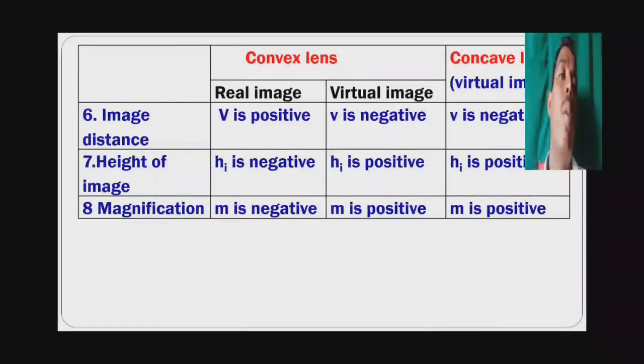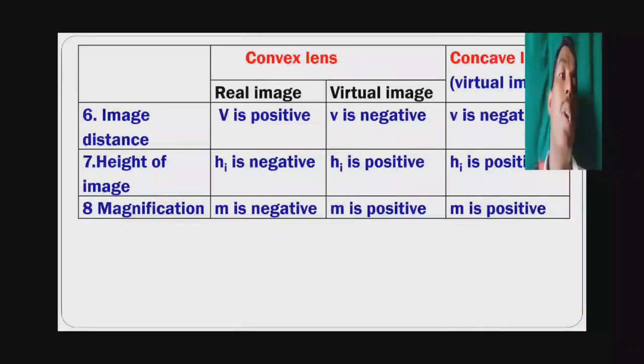Already you know magnification is equal to hi by ho. The height of the object is always positive, whether it is a concave lens or a convex lens. Then the sign of magnification depends on the height of the image. For a real image, the height of the image is negative, that's why m is negative.